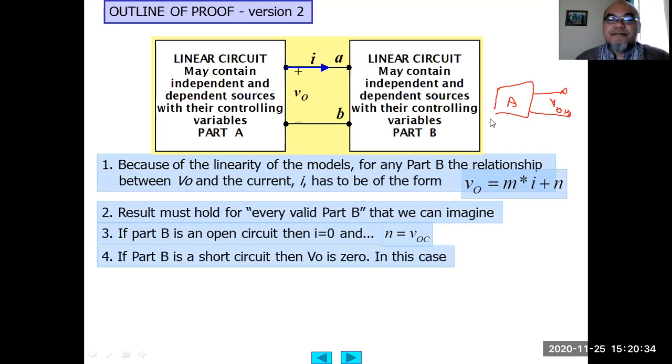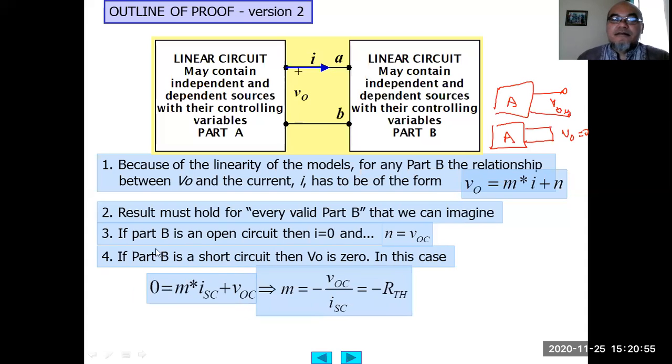If part B is short circuit, something like this, then V output equals 0 because it is short circuited. So 0 equals M times I short circuit plus N, and we know N equals V open circuit.